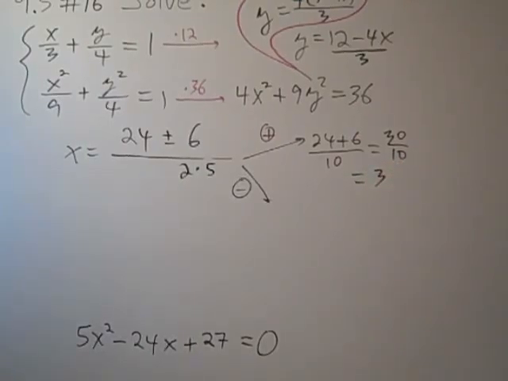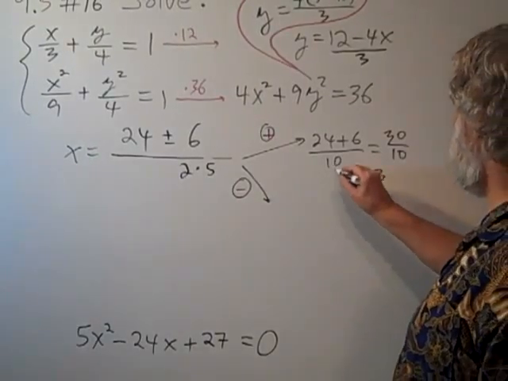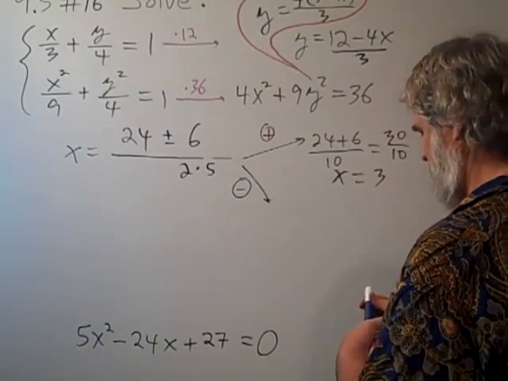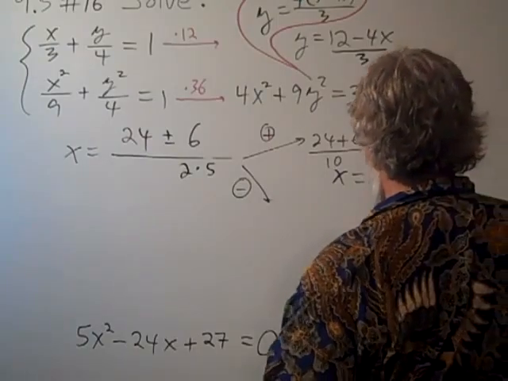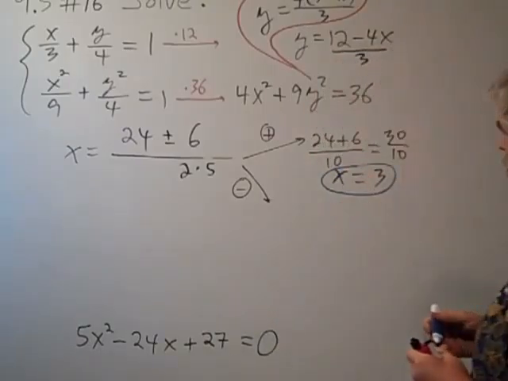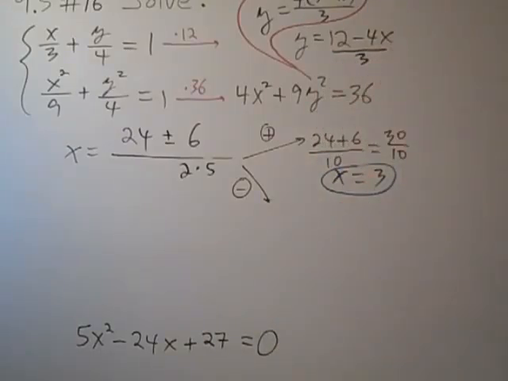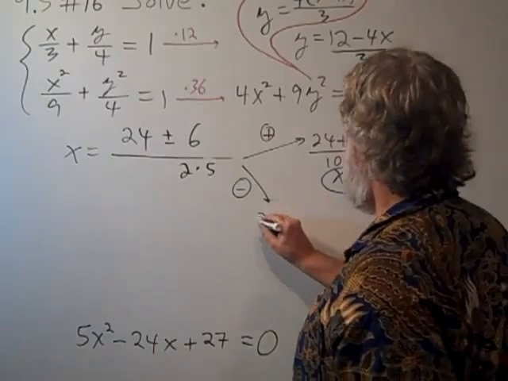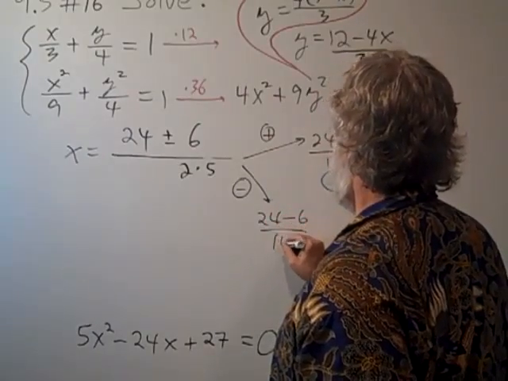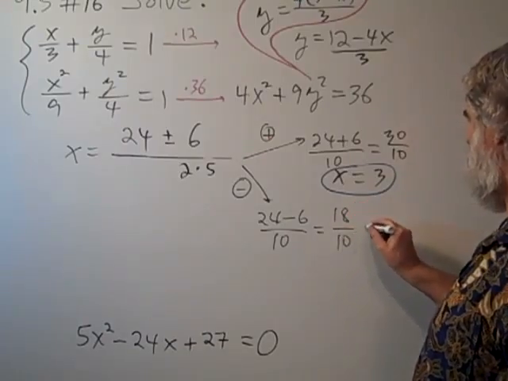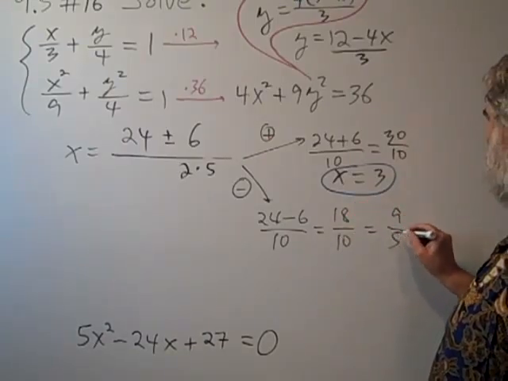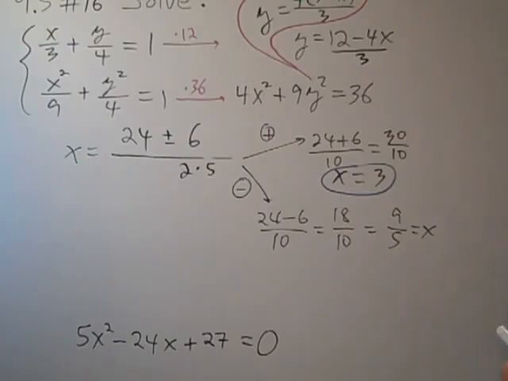So x equals 3 gives us one solution for x. And now picking the negative, we'll get another solution. That's 24 minus 6 divided by 10, and that's 18 divided by 10, or 9 divided by 5. So there's another solution for x.